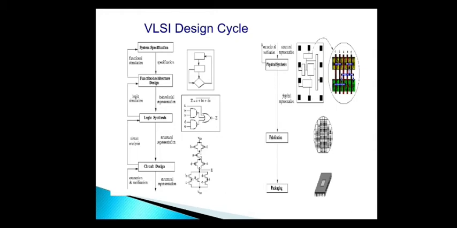Now, the second block is function design. This function design is to design a flow chart. For example, for designing a flow chart, we require its Boolean equation and a truth table. For example, a 2-input AND gate IC.